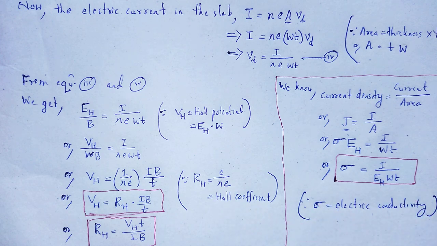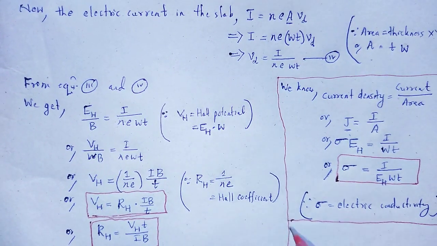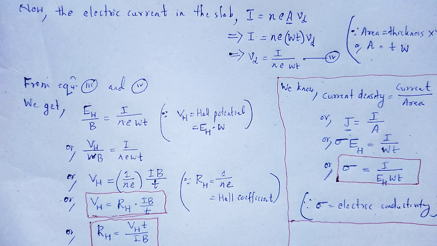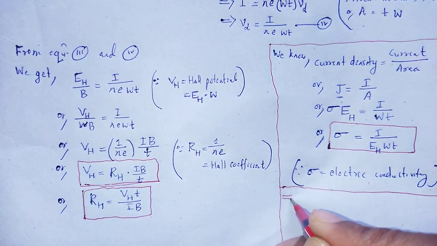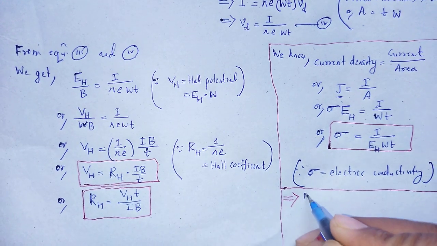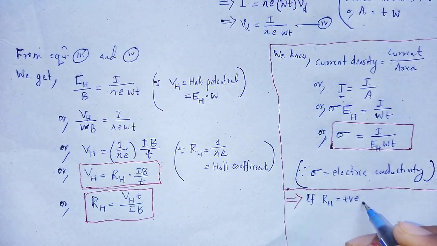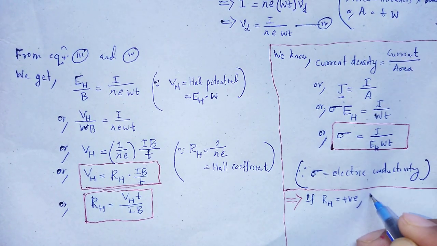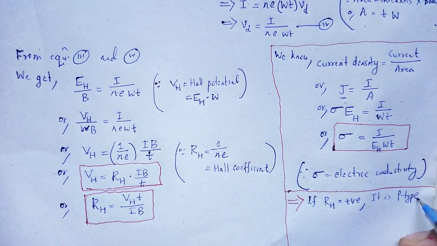By using the Hall effect, we can easily say whether the semiconductor used is p type or n type. For that, we use the Hall coefficient. If R_H is positive, then it is a p type semiconductor.